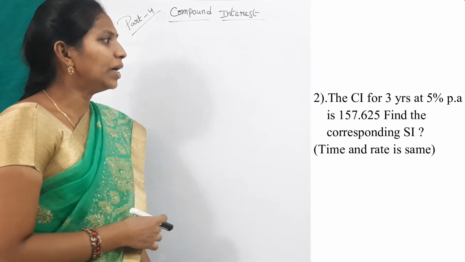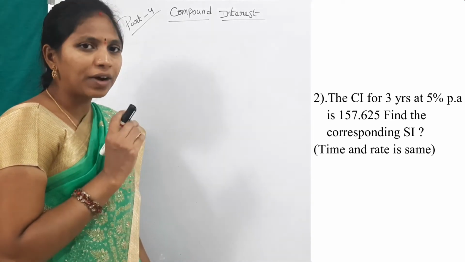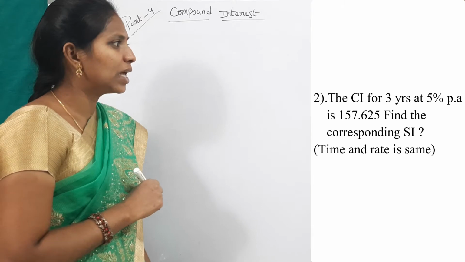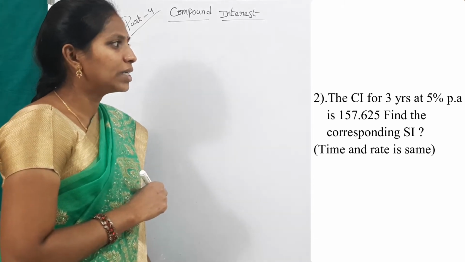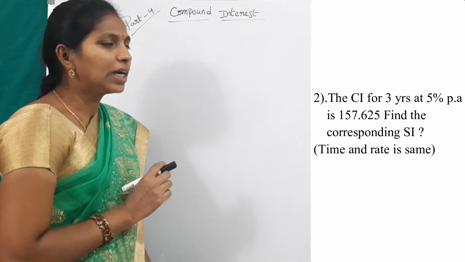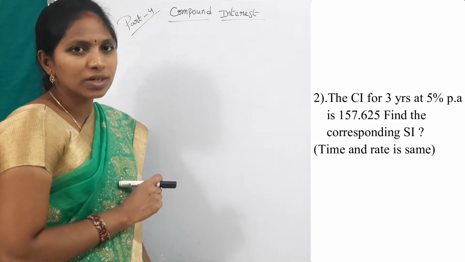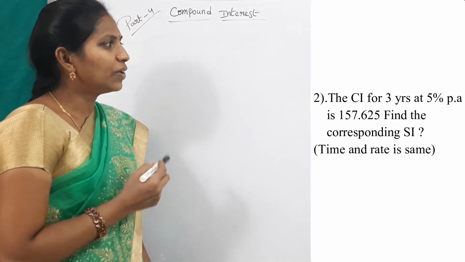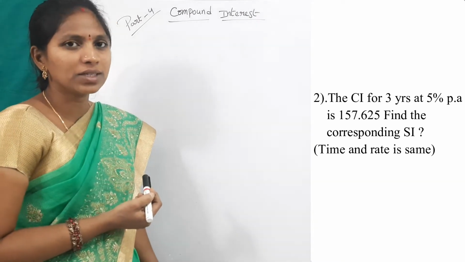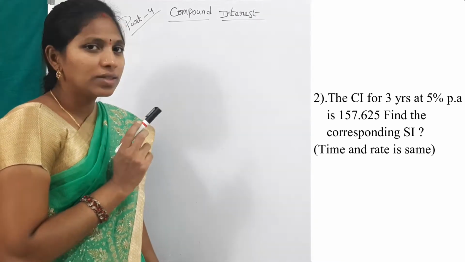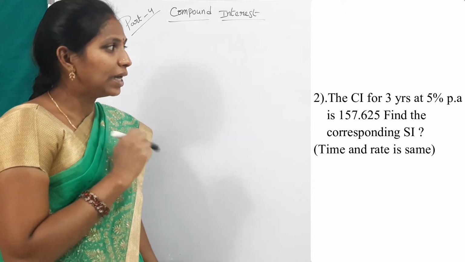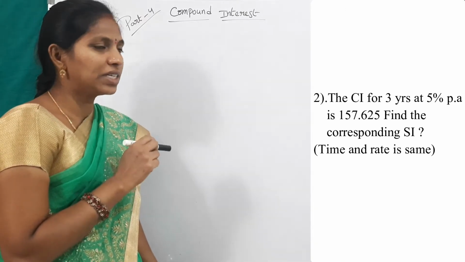The compound interest for 3 years at 5% per annum is 157.625. Find the corresponding simple interest. Time and rate of interest same. What is the difference in between first question and second question? In first question, simple interest is given. But in second question, compound interest is given.